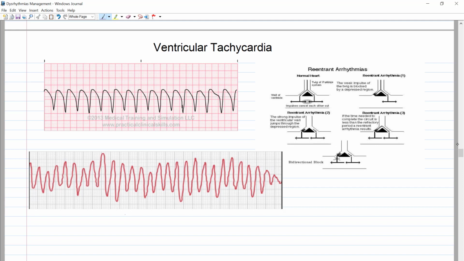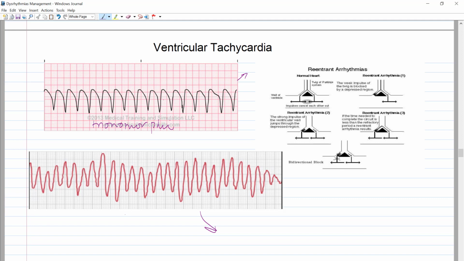Now with VTAC, okay, we have this strip right here and we have this one. You might be wondering, how would I know if it's VTAC? Look at the QRS complexes. So as you can see, this is monomorphic VTAC. Monomorphic means they have the same image when you look at the QRS complexes.